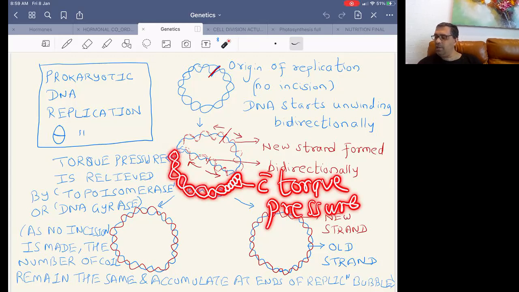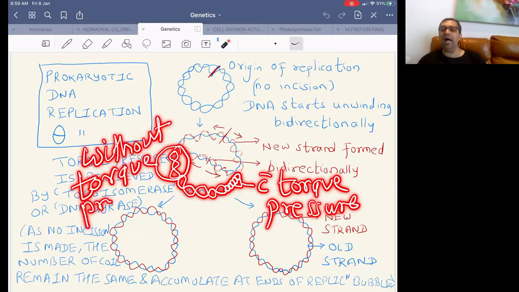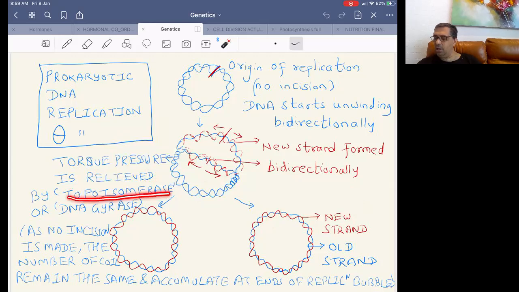So this is without torque pressure. And that way torque pressure निकल चुका है. This was with torque pressure. वो रिलीव हो गया है. This is without torque pressure because of DNA gyrase or topoisomerase, and then helicase will continue breaking hydrogen bonds.